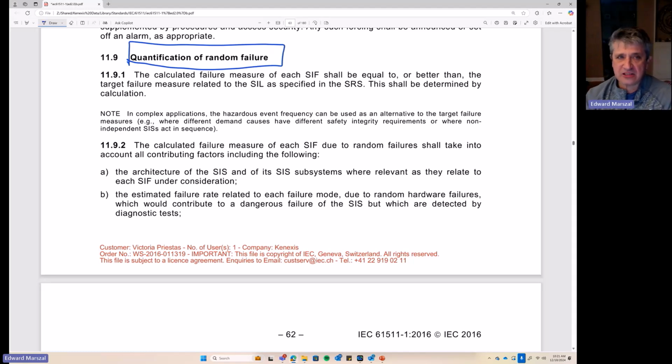And this is one of the clauses that we took a deep dive on in the IEC 61511 committee meetings just a few weeks ago, to try to clarify things and move clauses where they actually belong.